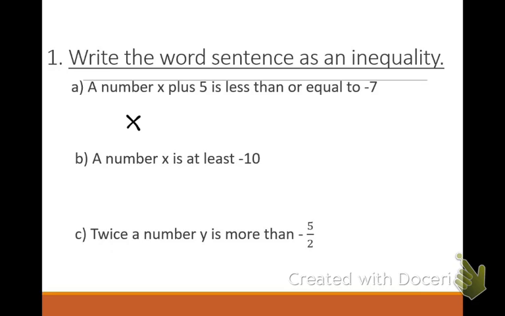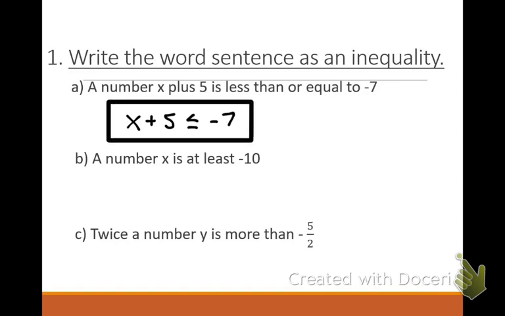She says add together, plus 5. Then what? Less than or equal to -7. That one was pretty simple, right? It almost was like they did it for us. Just reading from left to right, that is how you would write that as an inequality.